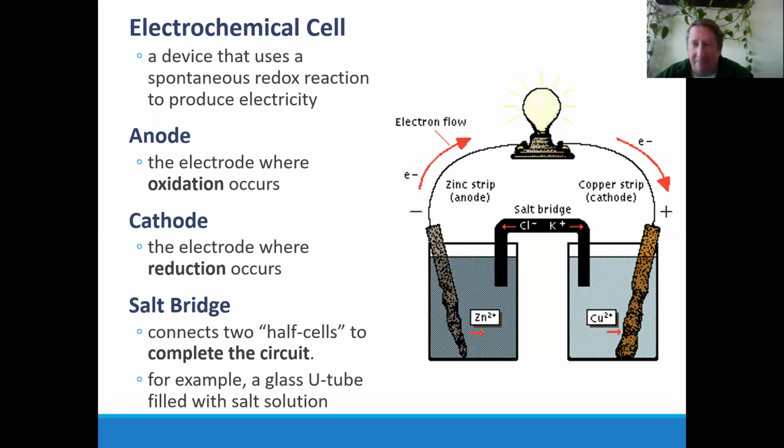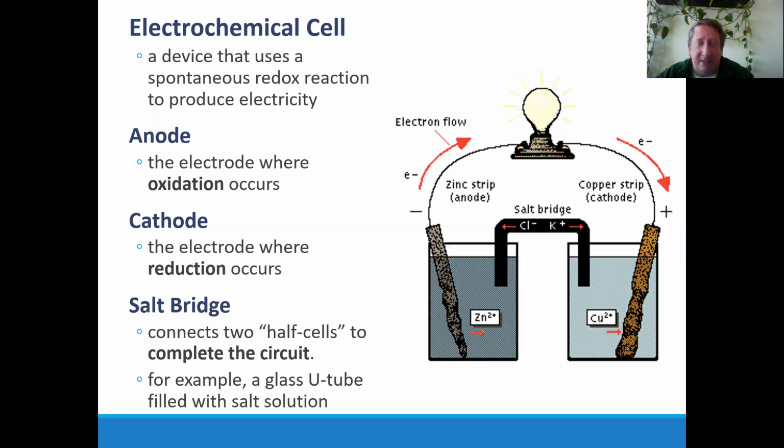But that will only happen if the two beakers are also connected, because we need to have a complete circuit for electricity to flow. Another way to think of the salt bridge is that it prevents the buildup of electric charge. That's an important thing you'll want to make note of. The salt bridge prevents buildup of electric charge in the two beakers.